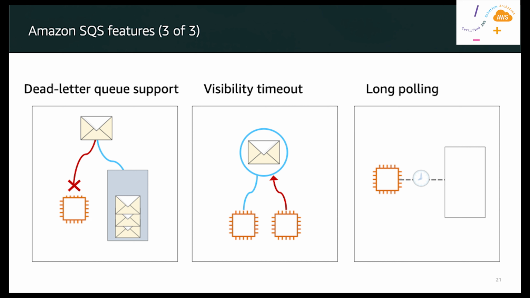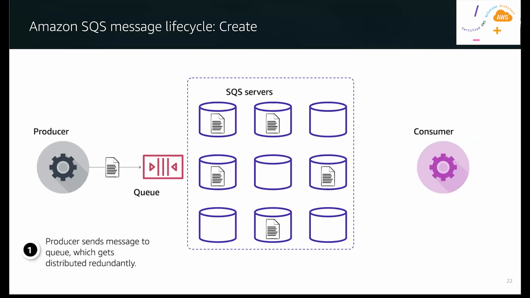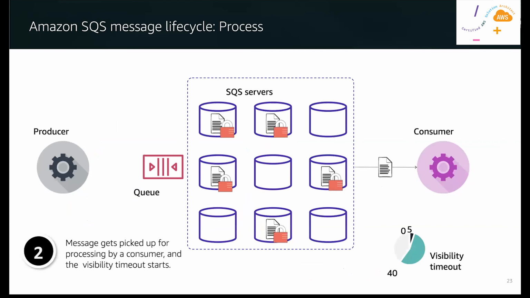Now, what is the message lifecycle in Amazon SQS? The first thing you do is create the message, and that message will be placed in the queue on the SQS server. Second, the message will be picked by the consumer and processed. This basically starts the visibility timeout, how long the message will remain in the queue.